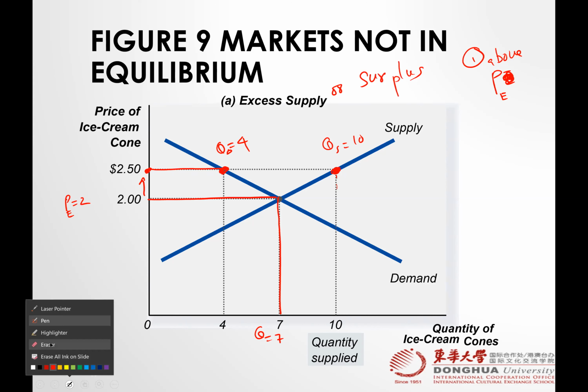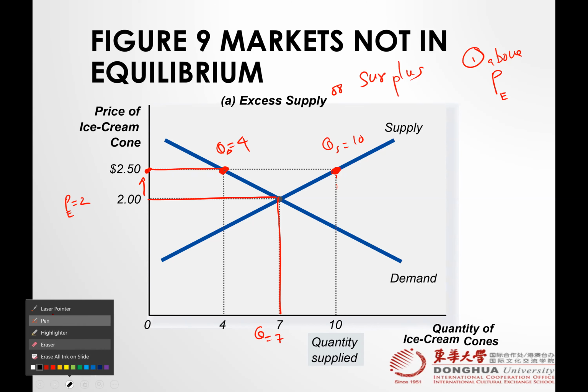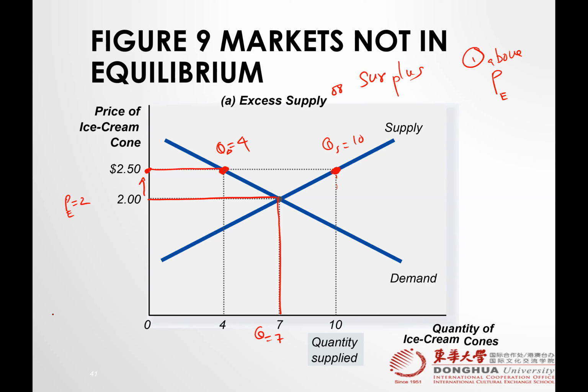Let me just erase this one, PE, right? Second, the definition, which is quantity supplied greater than quantity demanded. You see, 10 is greater than 4, right?